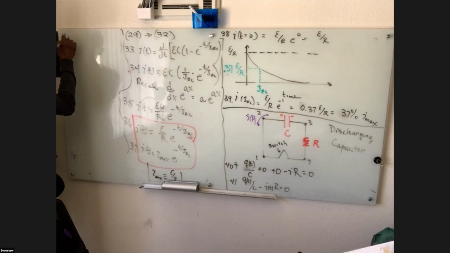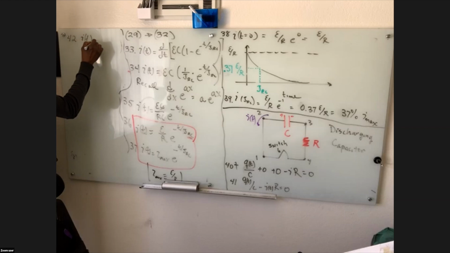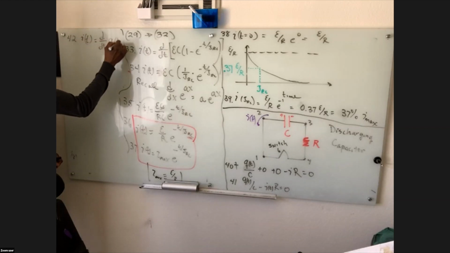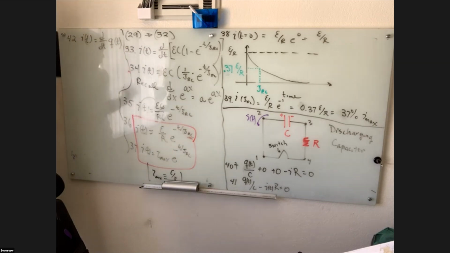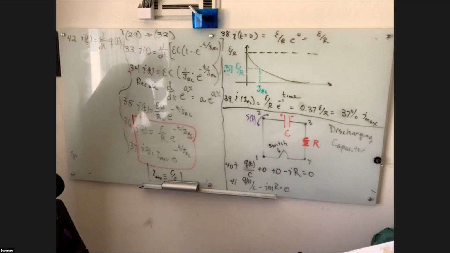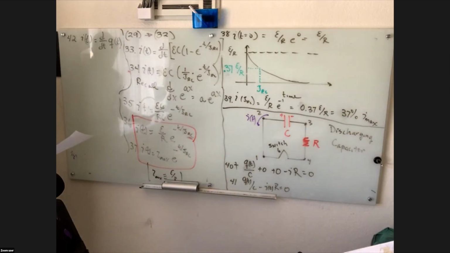So equation 42 will say that I of t is equal to d dt of q of t. But the problem is that the direction of our current has now changed. The orientation has changed.